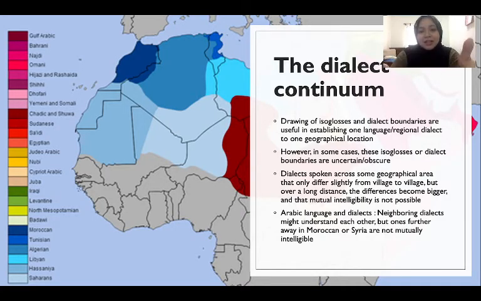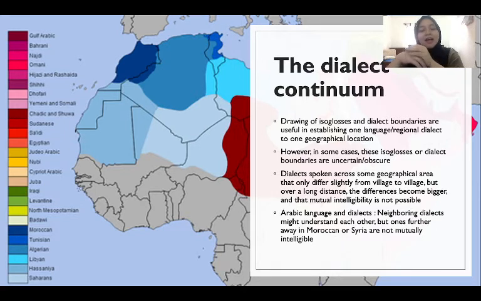Here is another example of dialect continuum. Dialects spoken across some geographical area only differ slightly from village to village, but over a long distance the differences become bigger, and mutual intelligibility is not possible anymore. When you move further from a dialect in some geographical area, it loses its mutual intelligibility. For example, Arabic language and dialects. Neighboring dialects might still understand each other.